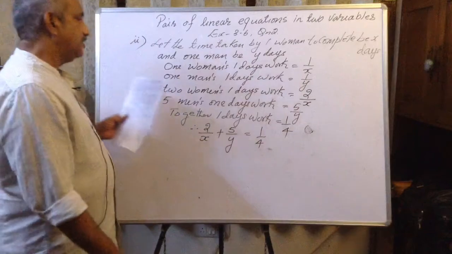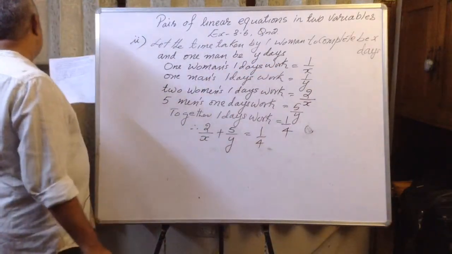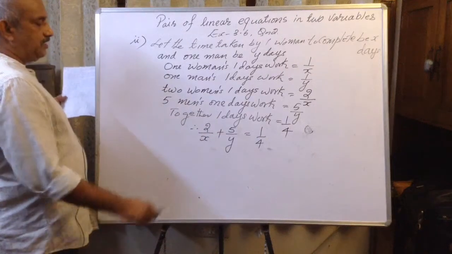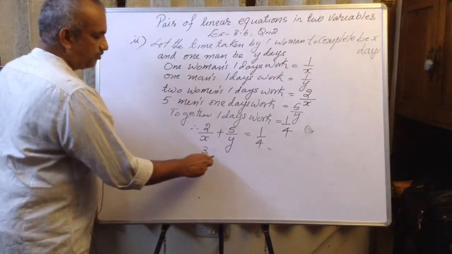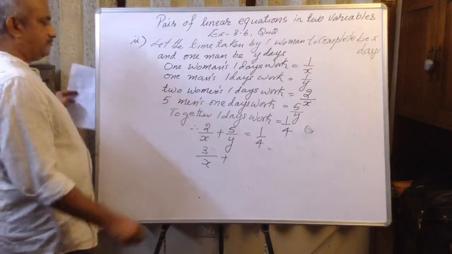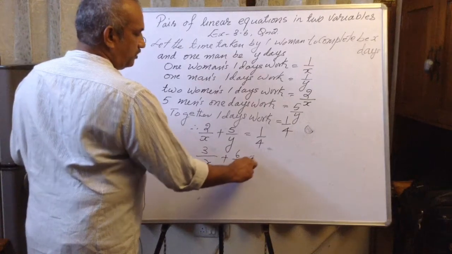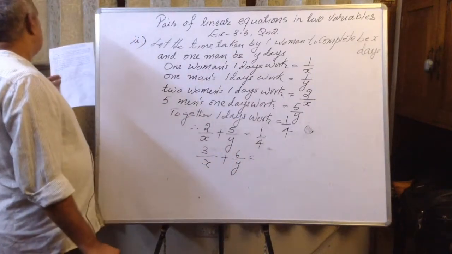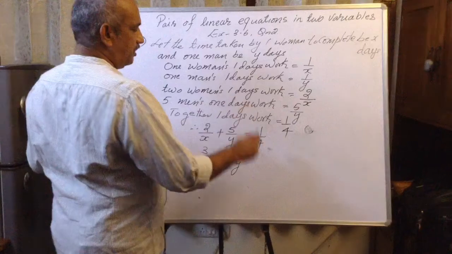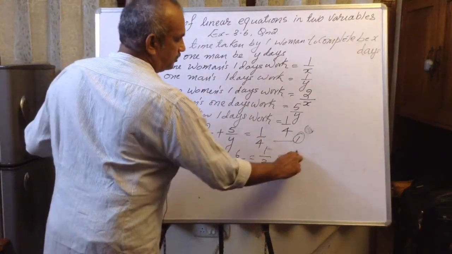So one woman's 1 day's work is 1 upon x. Now 3 women's 1 day's work is 3 into 1 upon x, 3 upon x, plus 6 men, so 6 into 1 upon y, 6 upon y, is equal to 1 upon 3, since they can complete in 3 days. This is the second equation.